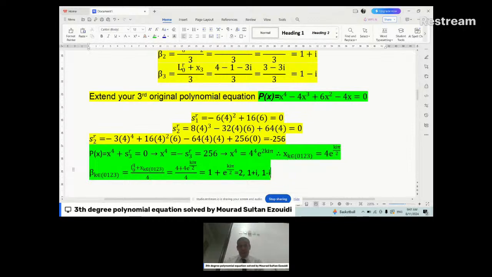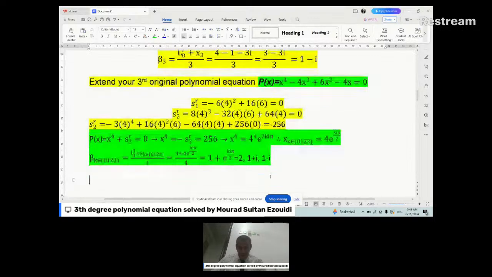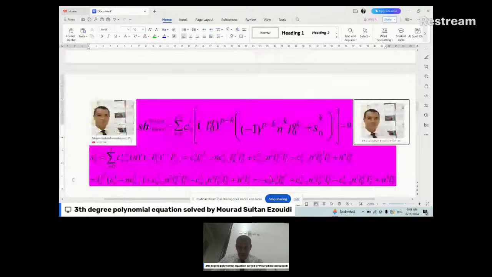Now these are the roots. So I will erase the rest.